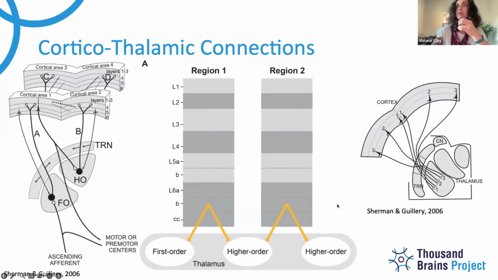And then the interesting thing is that the layer 6B cells can send this input both down to the thalamic nucleus where they receive their input from, but also up to the next higher order thalamic nucleus that then sends input to the next higher region. So unless you're at the first order nucleus, most thalamic nuclei actually receive converging input from two hierarchically arranged regions.